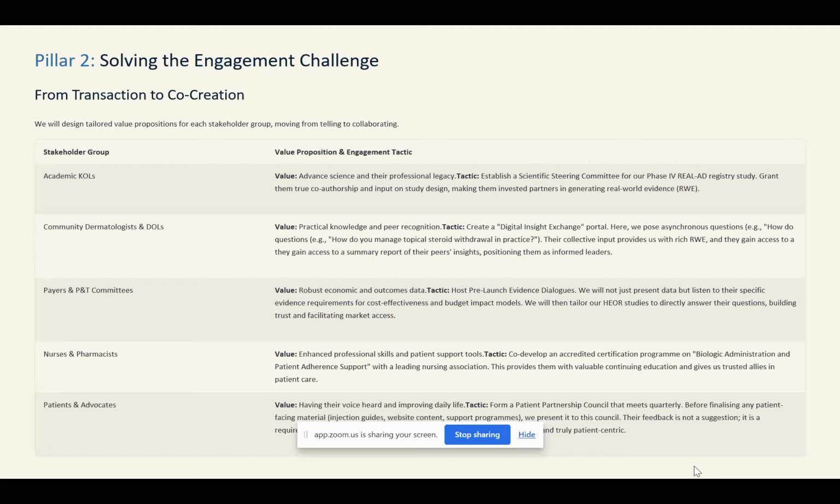Now coming to the larger community of dermatologists, there may not be a requirement to engage them for scientific steering committees, etc. But if you are planning a large real world evidence study, you could always reach out to even community dermatologists to collect their inputs as well as data for the real world evidence studies.